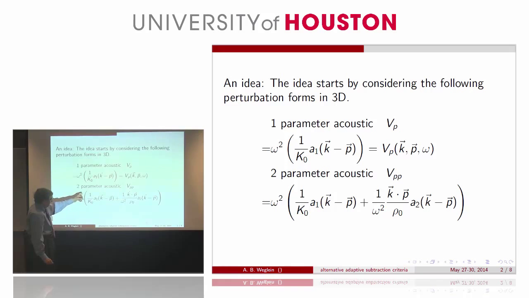When you get two-parameter acoustic, you get additional terms. This is relative change in bulk modulus, and this is relative change in density. We know that the density has a gradient in front of it, a gradient operator, 1 over rho.